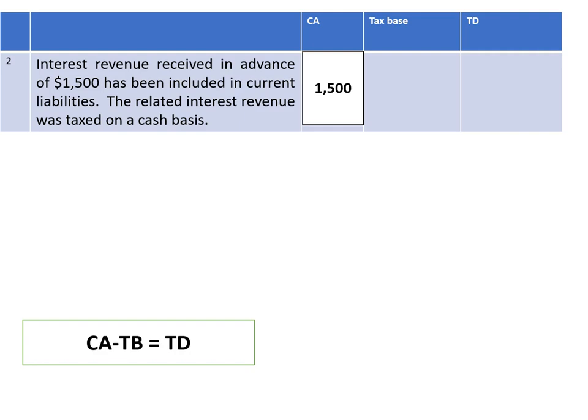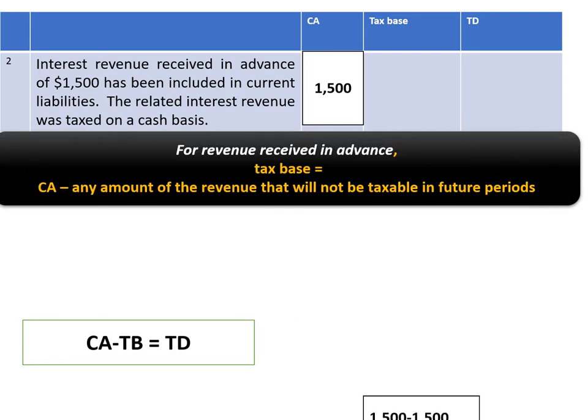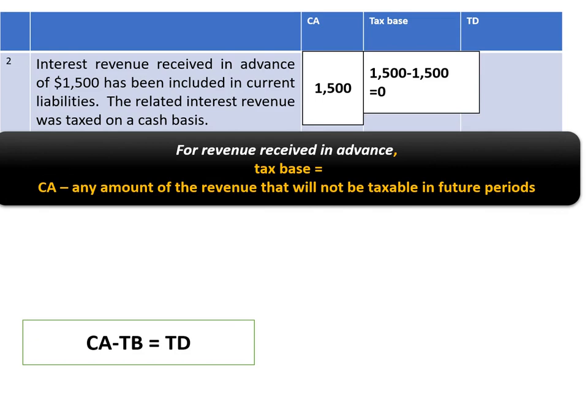We've been told the related interest revenue was taxed on a cash basis. So in future, 1,500 less the amount that will be included in tax in future periods, it's going to be 1,500 less 1,500, which gives us 0.